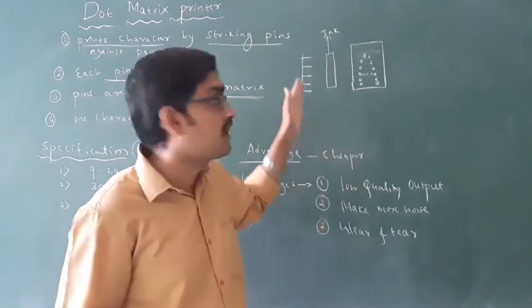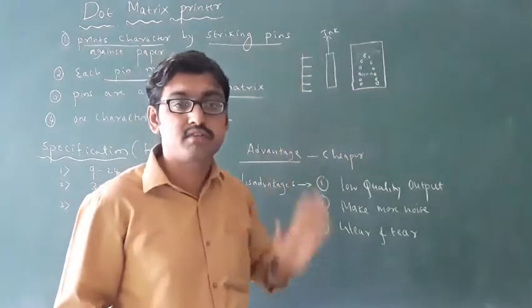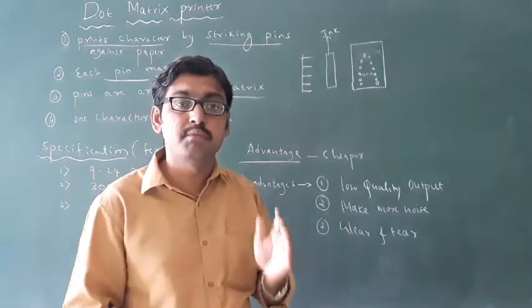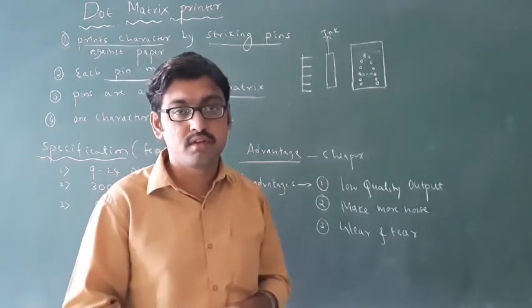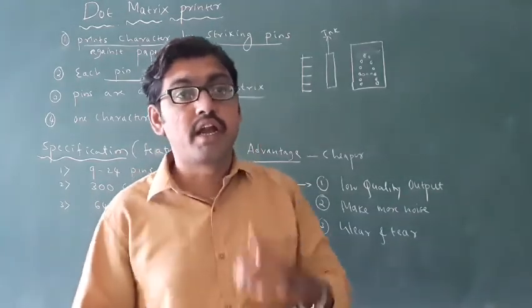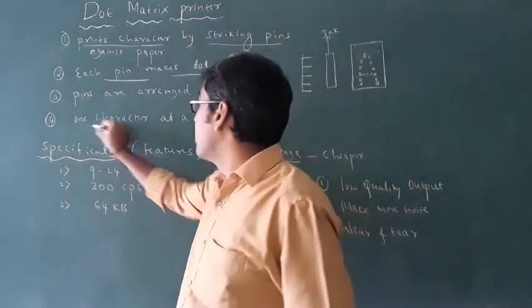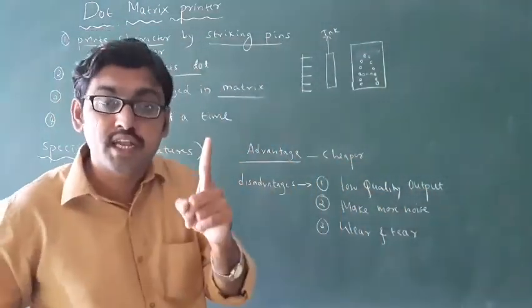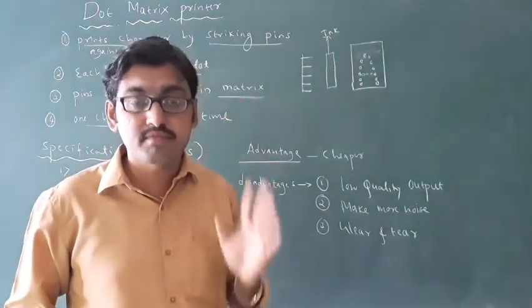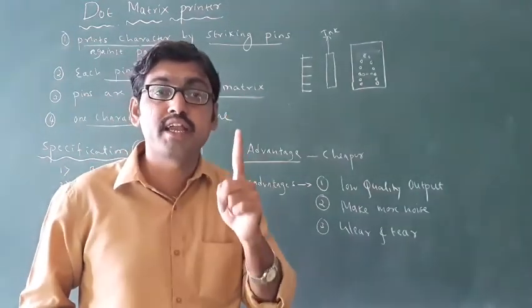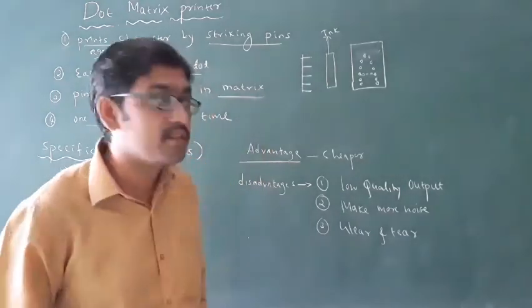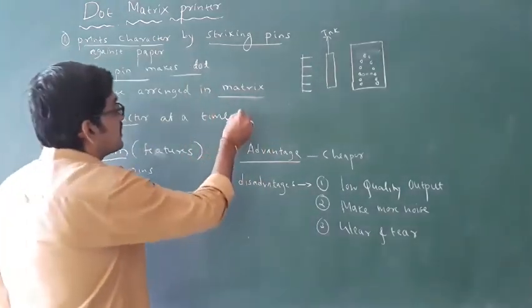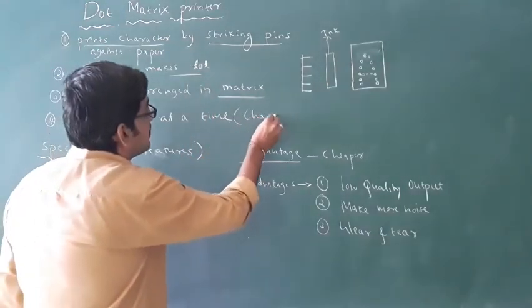The pins are arranged in the form of a matrix. That's why its name is dot matrix printer. Also, this printer produces one character at a time. That's why it is called a character printer.